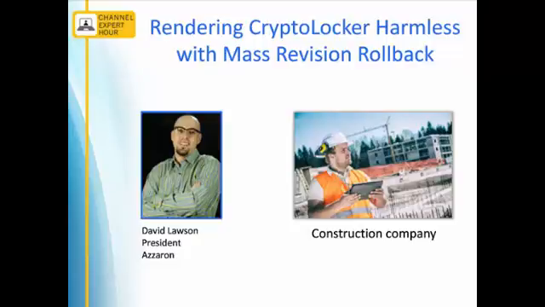Once the infection was contained, we went back and rolled back, and within a few minutes, with their on-premise at a 150 megabit connection and the cloud at a gigabit, literally all of their files, gigabytes and gigabytes of data, were restored at multiple locations.